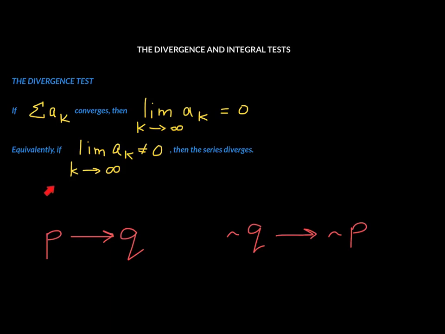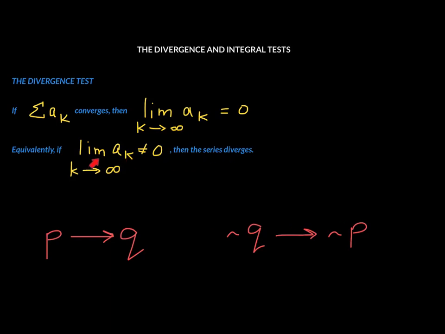So we can understand the divergence test as follows. If the limit of a series as k goes to infinity is not 0, if you're able to prove that the limit of a series is not 0, then the series does not converge. That is to say, the series diverges.